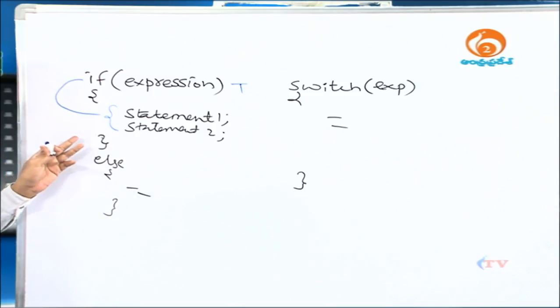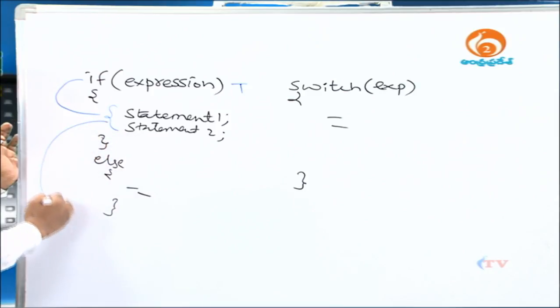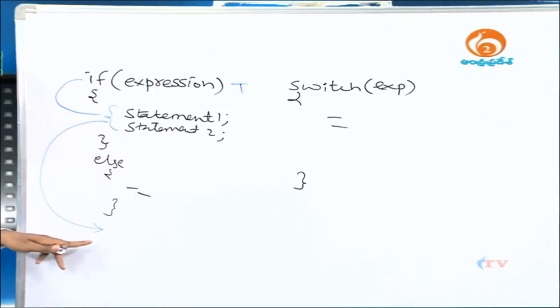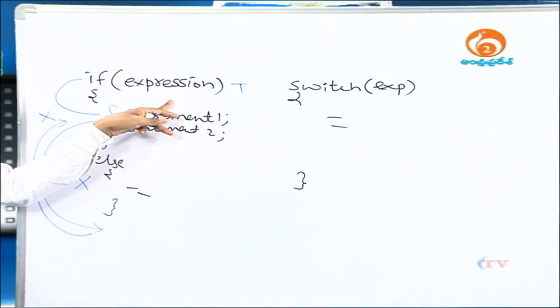Once it is executed, control comes out of it, and the else part is skipped. Again, if I want to execute the same statements repeatedly, it is not possible. It executes only once.